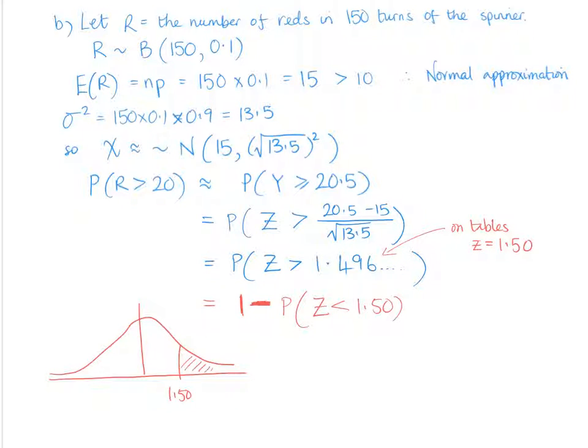So that's 1 minus 0.9332. So look your tables up for 1.50 on your normal distribution, and that gives us 0.0668. So that's the probability of more than 20 reds in 150 turns of the spinner. Very small chance that.